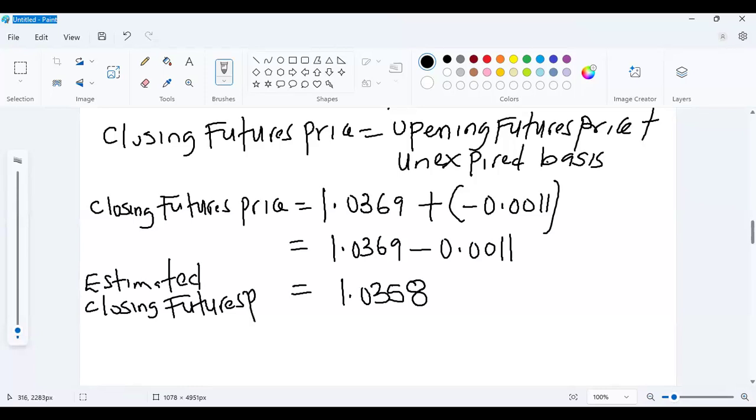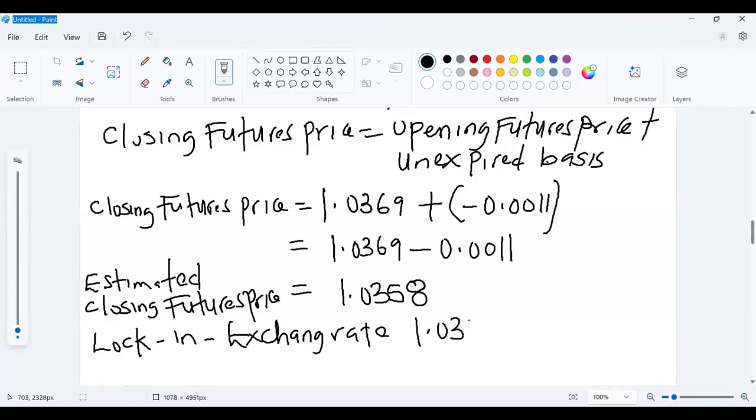Please note, once you estimate the closing futures price, that becomes your lock-in exchange rate: 1.0358.